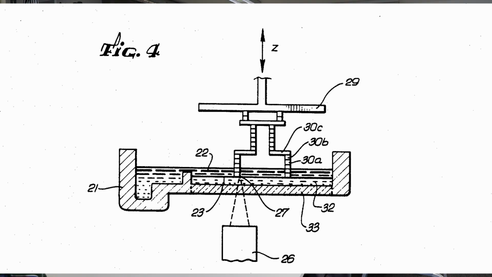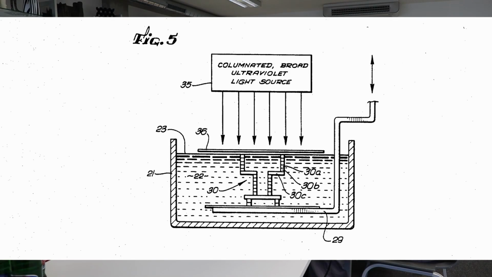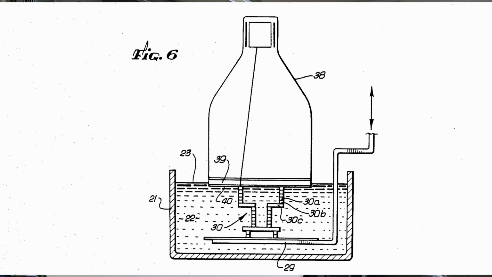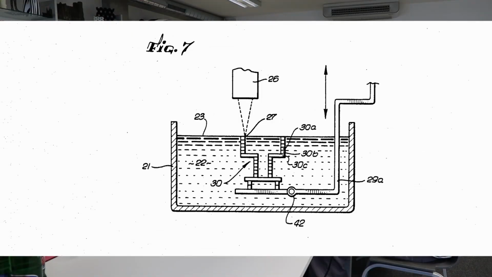What it actually requires is UV curable resin, to be cured by a computer-controlled UV source. This can be a laser, this can be a projector, or this can be an LCD display.